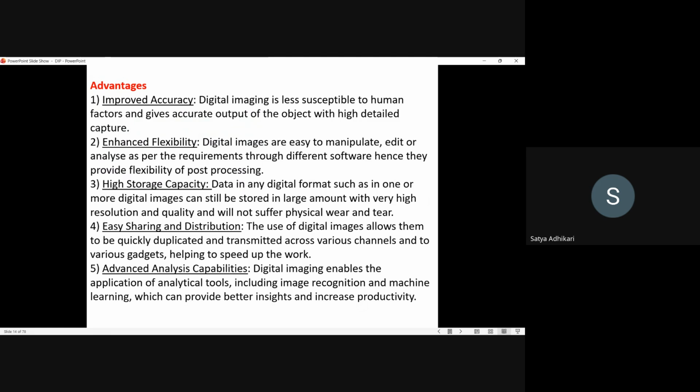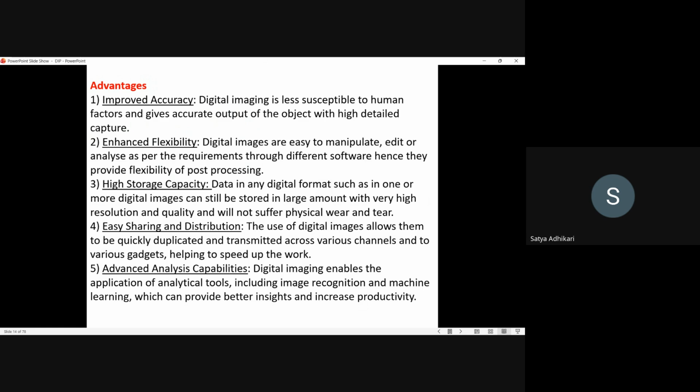Data in any digital format, such as one or more digital images, can still be stored in large amounts while keeping very high resolution quality. So the storage amount will be less.